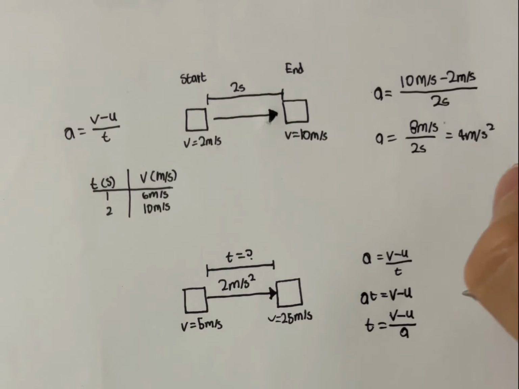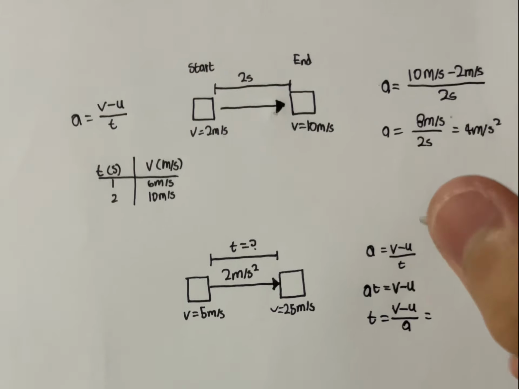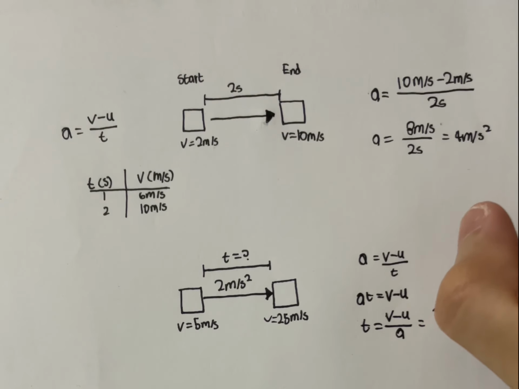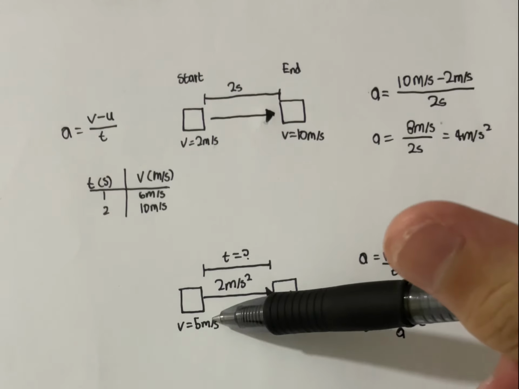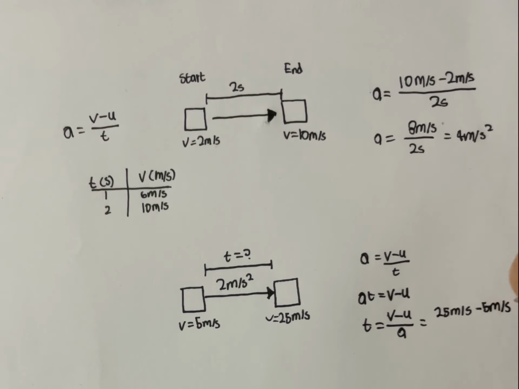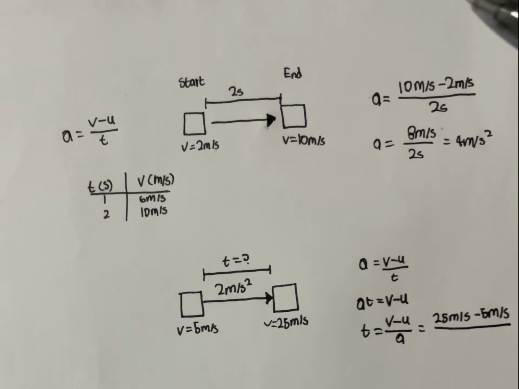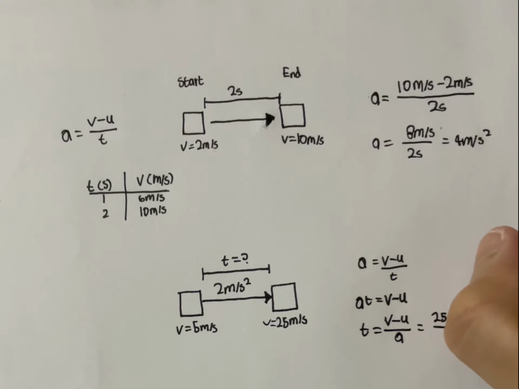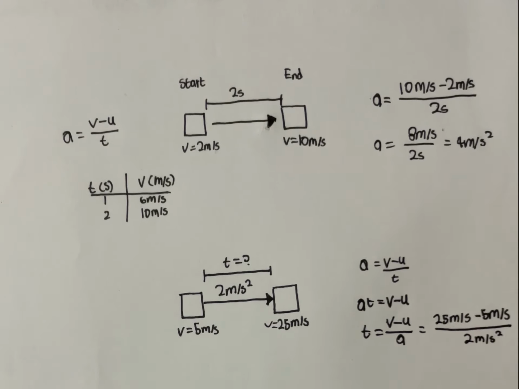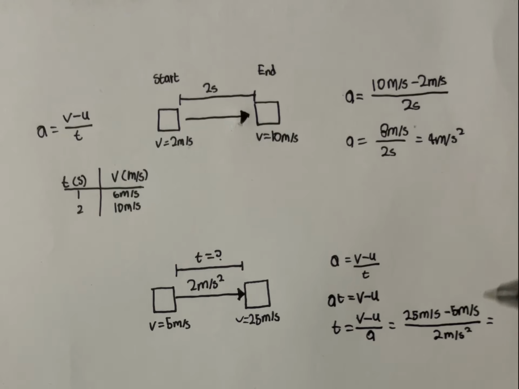So, what's our final velocity? Our final velocity is 25 meters per second, so let's plug that in. Our initial velocity is 5 meters per second. And what's our acceleration? Well, our acceleration is 2 meters per second squared. This is just going to be equal to 25 minus 5, that's 20.